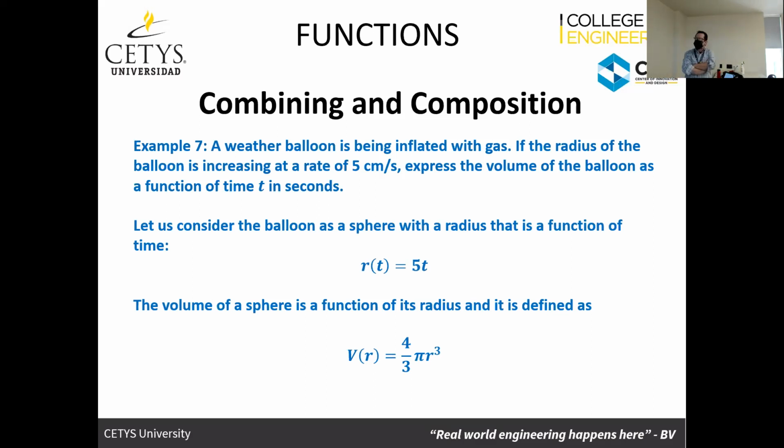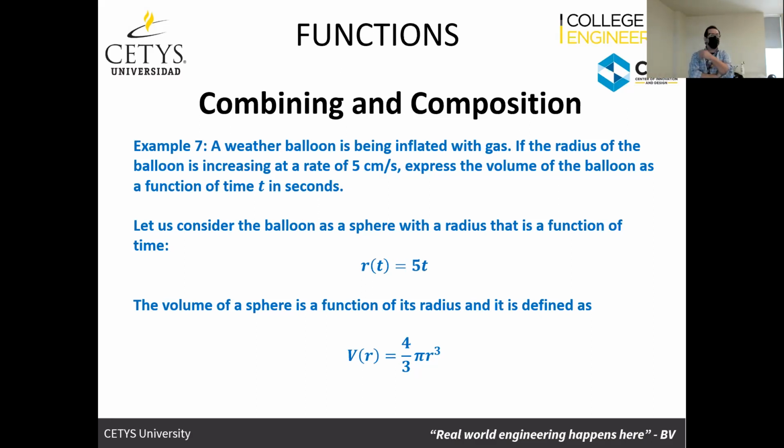So first off, let's consider that the balloon is a sphere. Right now, we're not going to necessarily bother with the fact that the balloon might not be a regular object. Let's assume that the balloon is a sphere. So the radius of that balloon is increasing at 5 centimeters per second.